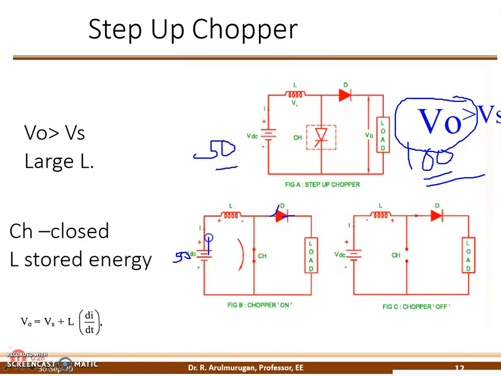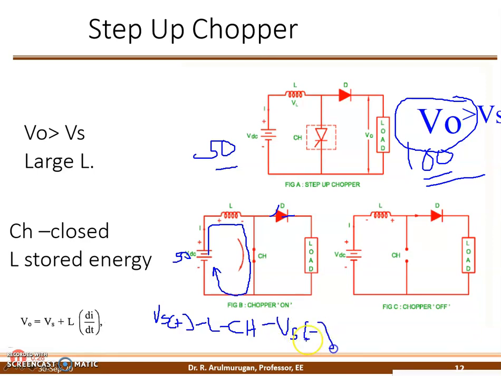Current starts to flow from the source through the inductor L and the switch in the closed circuit. Note down the path: source Vs plus, then L, then the switch, and the switch to Vs negative.